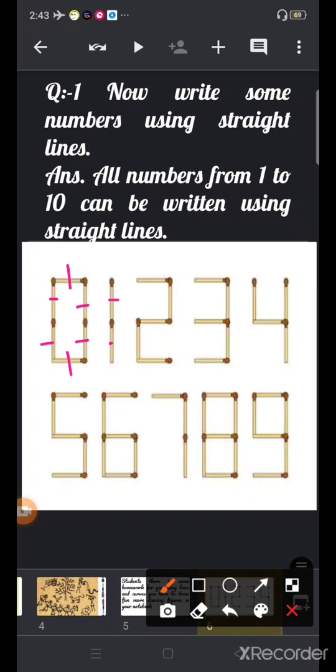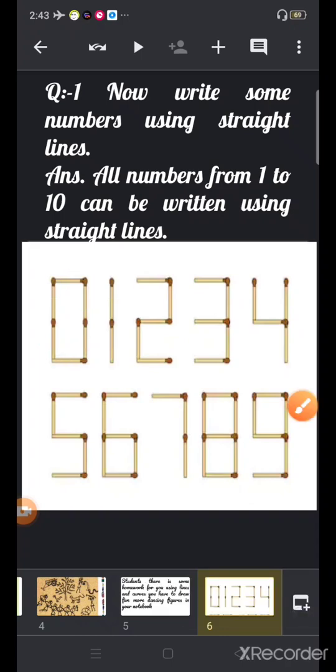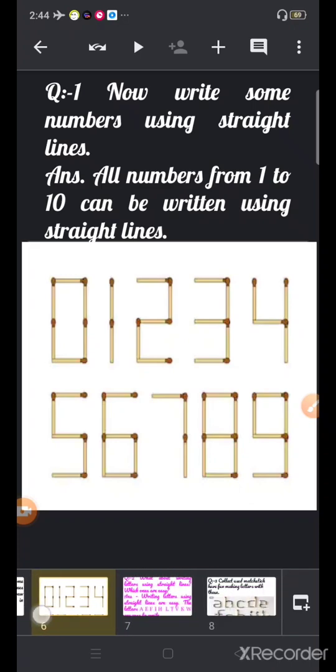You will not draw, you will paste with the help of matchsticks and you will show these numbers in your notebook. Isn't it? Okay. Clear, children? From 1 to 10 numbers, you will take matchsticks and with their help, you will paste or make these numbers in your notebook. Okay.